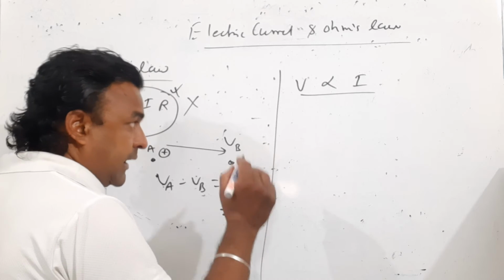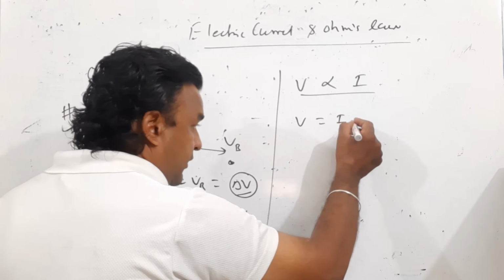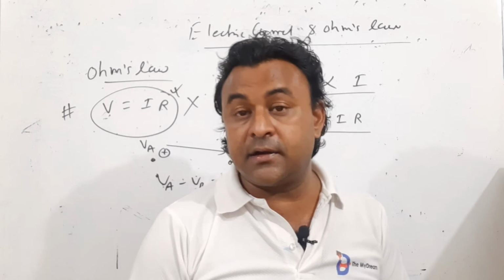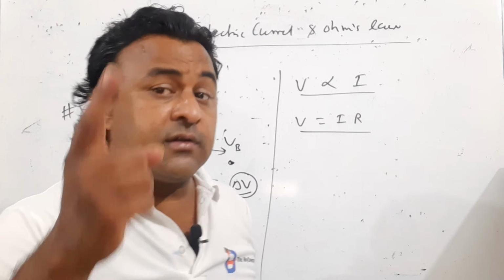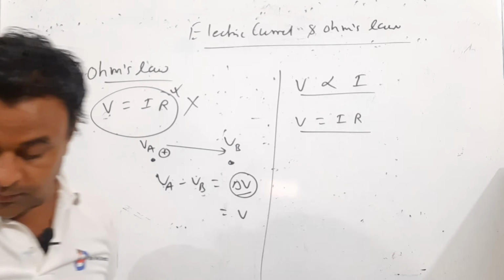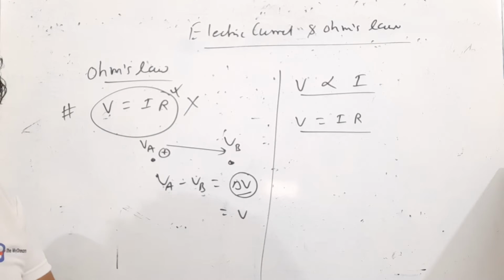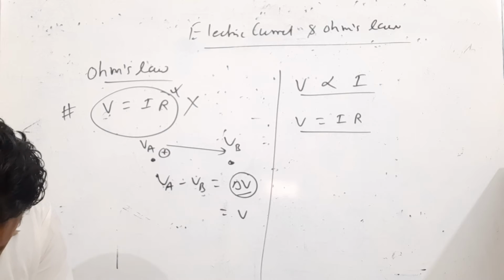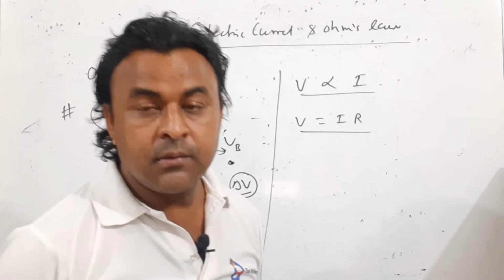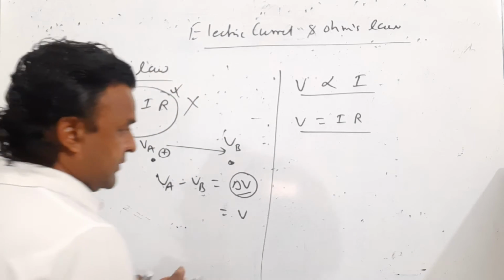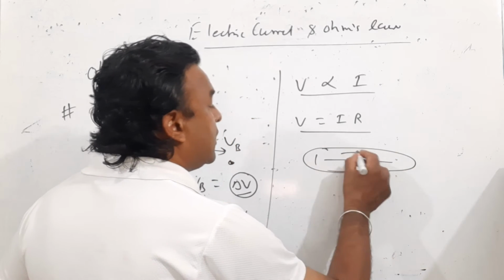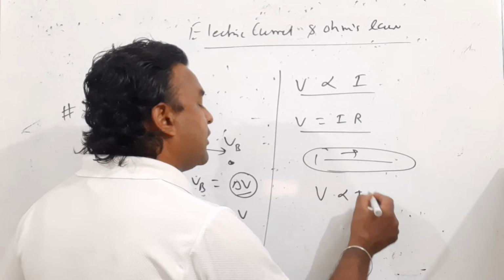However, when we write the proportionality constant, it is resistance in general for a wire. In the case of an electrolyte, it can be a different equation, the Nernst equation you may have heard. In the case of gases, there may not be Ohm's law; that means the flow of charge may not be proportional to V. Even in gases, sometimes we have V proportional to I raised to power 3 by 2.